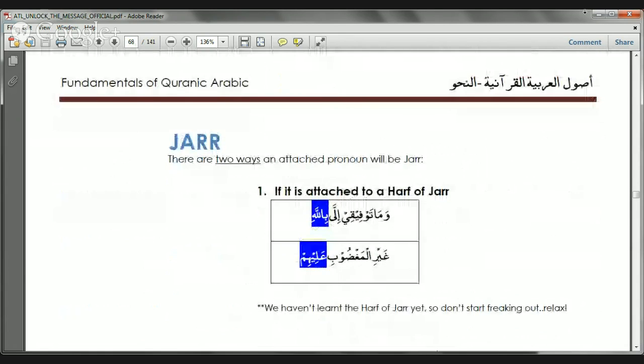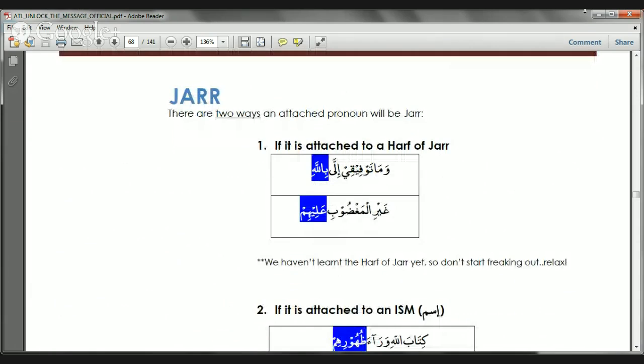Now we're going to go over how an attached pronoun can be jar. There are 2 ways an attached pronoun will be jar, and it mirrors nasab in a way. We mentioned harf of nasab. Now we're going to talk about harf of jar. Same thing. There are 2 ways an attached pronoun will be jar. The first way is if it is attached to a harf of jar. وَمَا تَوْفِيقِي إِلَّا بِاللَّهِ.